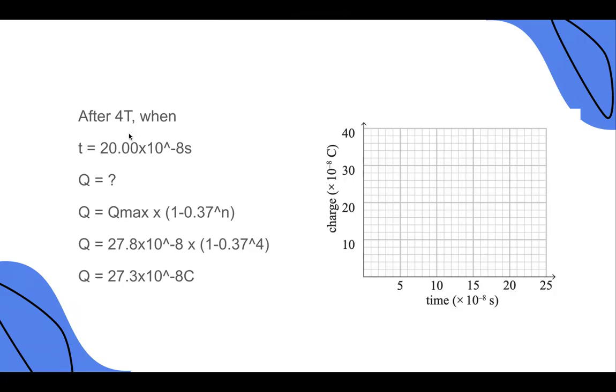After 4T, when time is 20 times 10 to the negative 8, your charge is 27.3 times 10 to the negative 8. You got this right? Perfect.